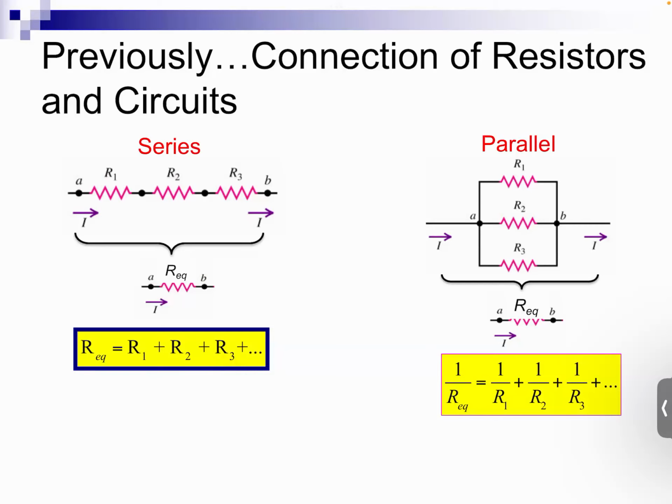And then if the resistors are connected in parallel, as shown in this figure here, the distinguishing feature of a parallel connection is that you have a junction where the currents can divide. The current then passes through each of the resistors after dividing, but one junction is not enough to identify a parallel connection.